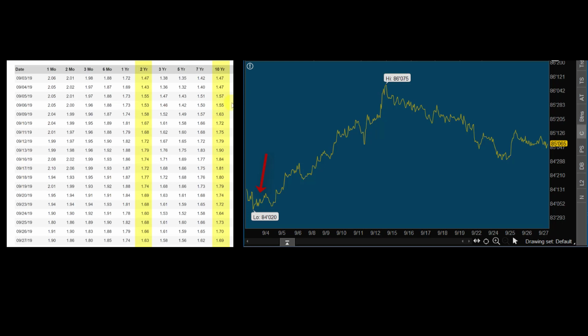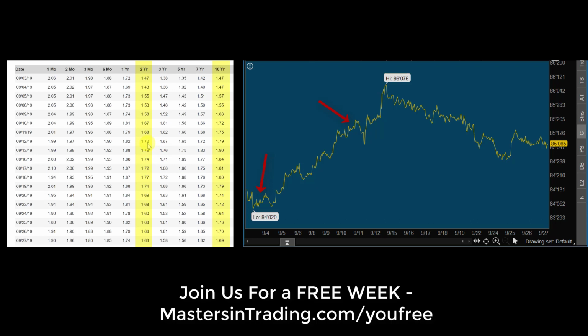But as it starts getting steeper or rallying, the difference between 2-year yields and 10-year yields gets further and further apart. So if we look at 912, we see the 2-year is 1.72 and the 10-year is 1.79. So now there's a 0.7 difference. So the chart is rallying, it's steepening.